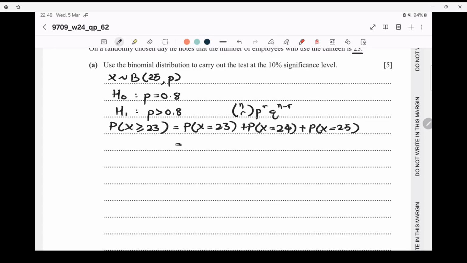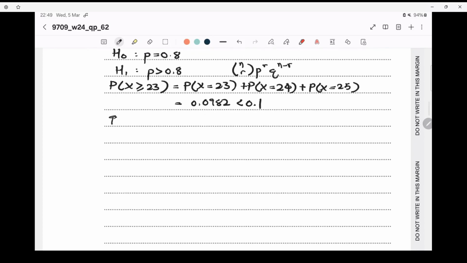Calculate all these three, you should get 0.0982, and this is smaller than 0.1. So there is enough evidence to reject the claim, to reject the null hypothesis. So it means that your p does increase.